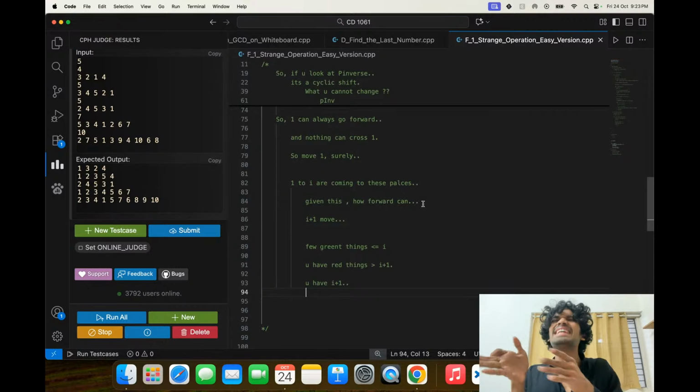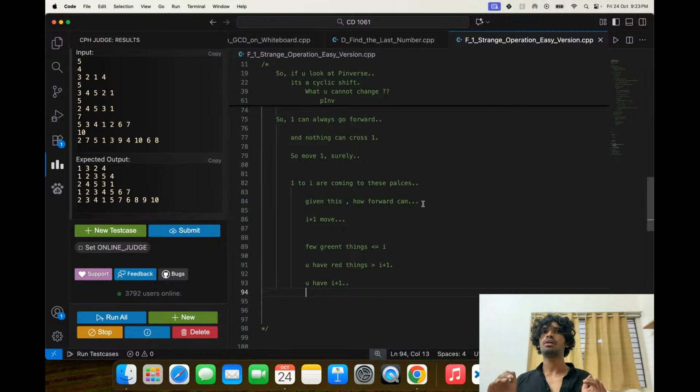So green's final position will never have two reds in between. Okay.